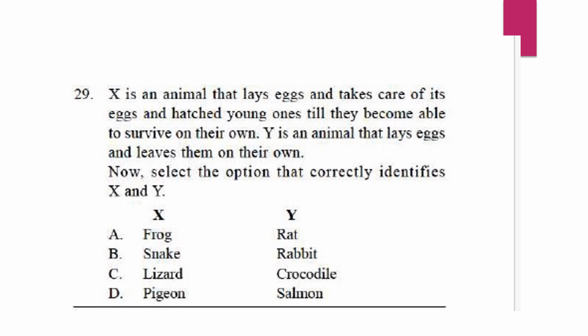All lay eggs, so X can be anyone. But in Y, rat does not lay eggs, so option A is incorrect. Rabbit does not lay eggs, it's also incorrect. Crocodile lays eggs, but it takes care of its young ones, so it's not our answer. Salmon does not take care of its young ones, so our answer is option D.